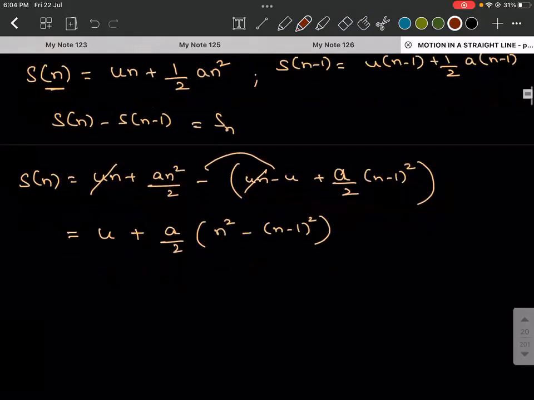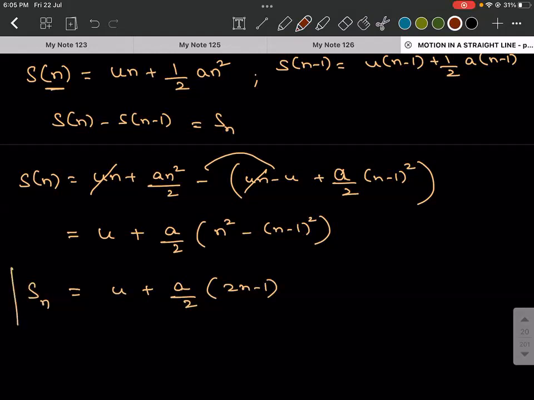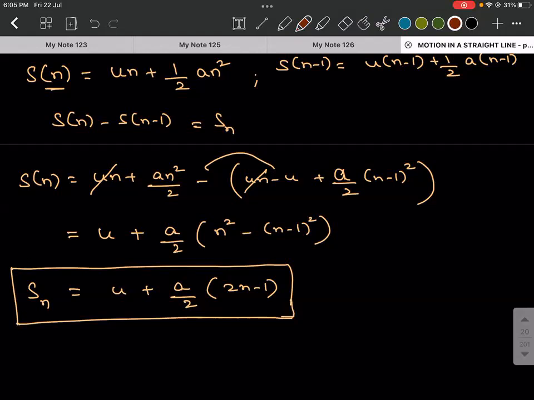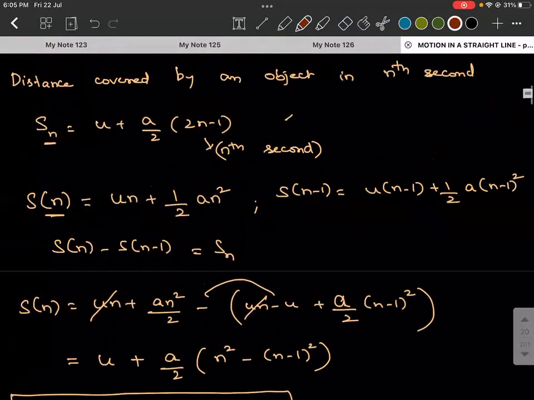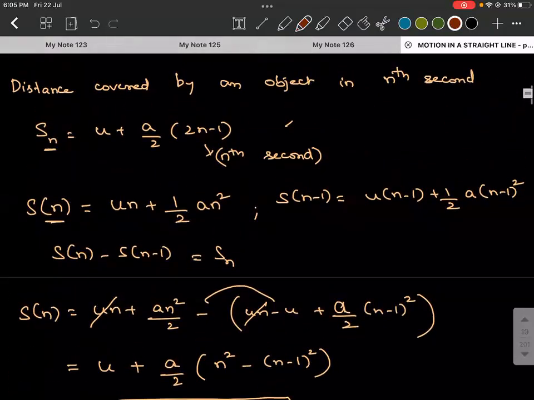If you observe this, you get u plus a divided by 2 into (2n minus 1), and this is going to be the distance traveled by the object in the nth second. Is the point clear? Make a note of this.